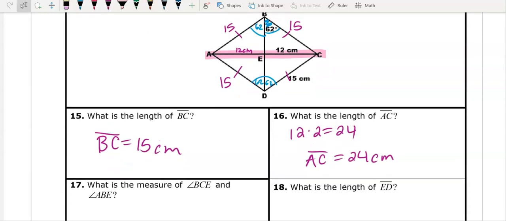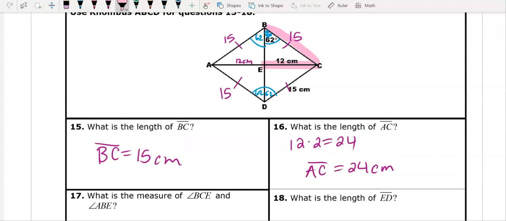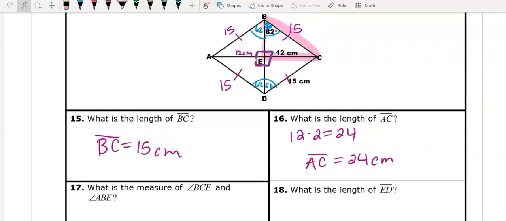Number 17, what is the measure of angle BCE? Okay, BCE. Let's start with that one. What did you say it was? 27. I got 28. Should be 28. Let's see. If we focus on this triangle right here, we know that the inside is a right angle. So we have 90 and 62.